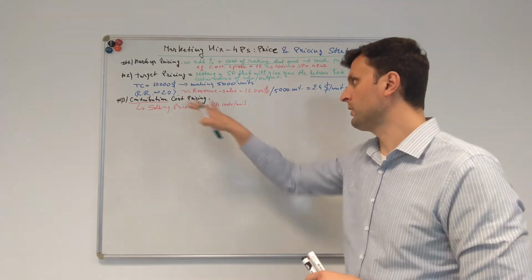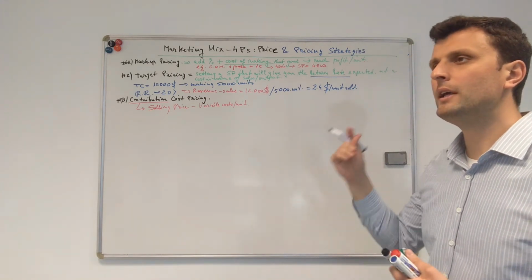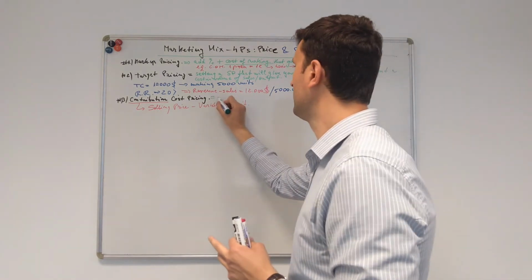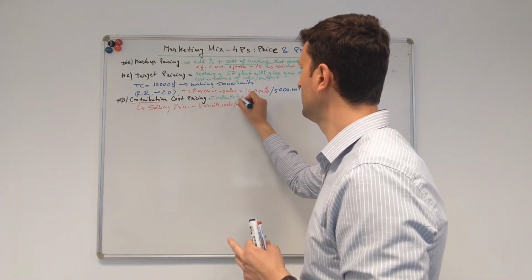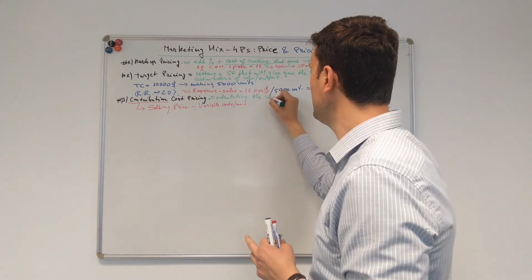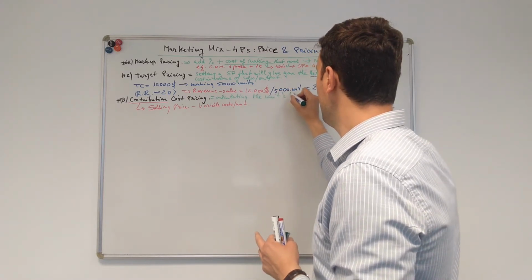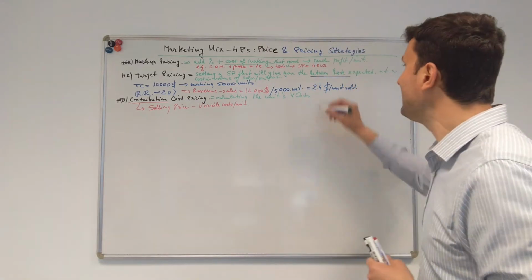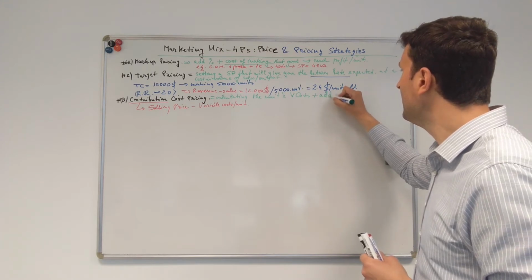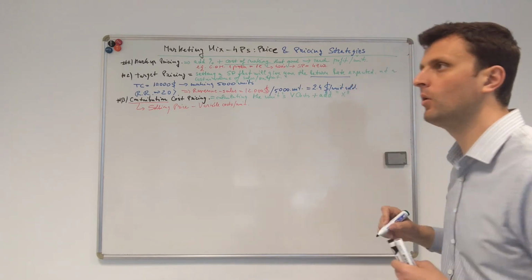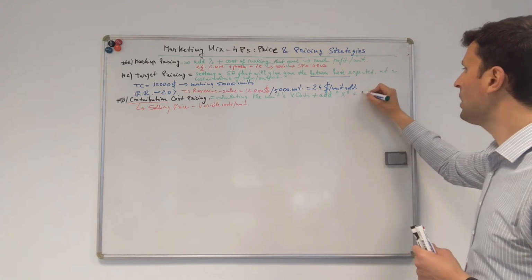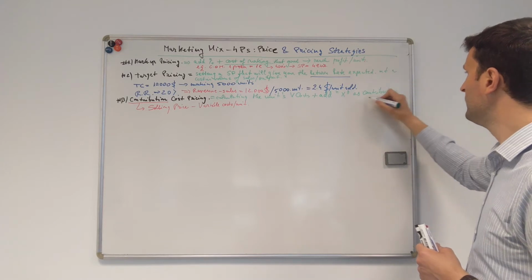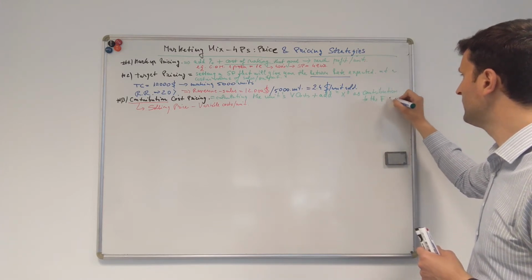So, let's define contribution cost pricing. We now understand what contribution is, so we should look at contribution cost pricing as calculating the unit's variable costs, and then adding an amount as contribution to the fixed costs.